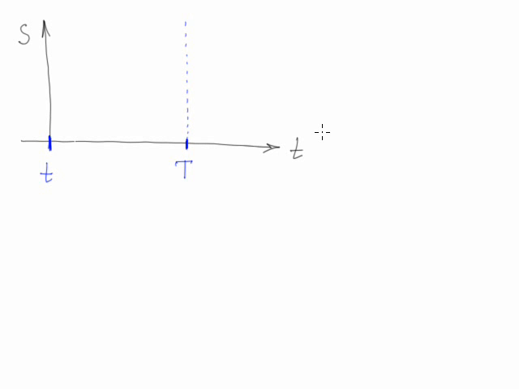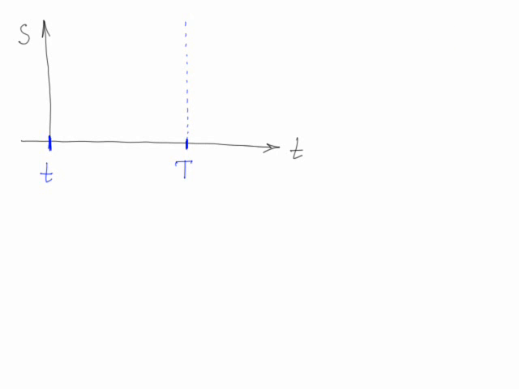Here, because we assume that the stock follows geometric Brownian motion, we have to make assumptions. We cannot say for sure what the stock price at time large T is going to be. We don't know it. We cannot say that it will be here or here. We will have a distribution.